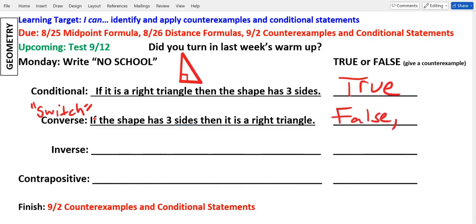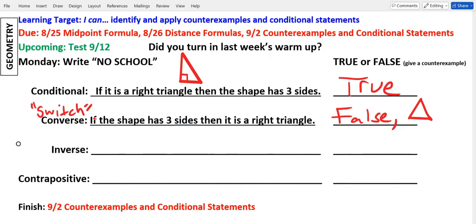So that means you would know this. False, a 3-sided figure could be, now the words I would use are equilateral, acute, or obtuse, but you can actually just draw the little picture. Okay, so I'm going to draw myself a little equilateral triangle here. Cool. Now, this is false because I have a specific example that's called a counterexample, right?